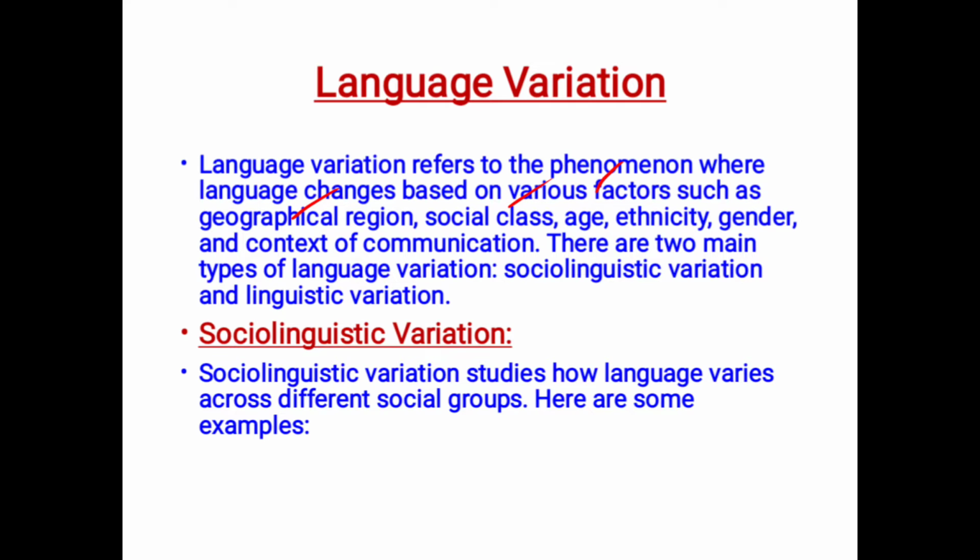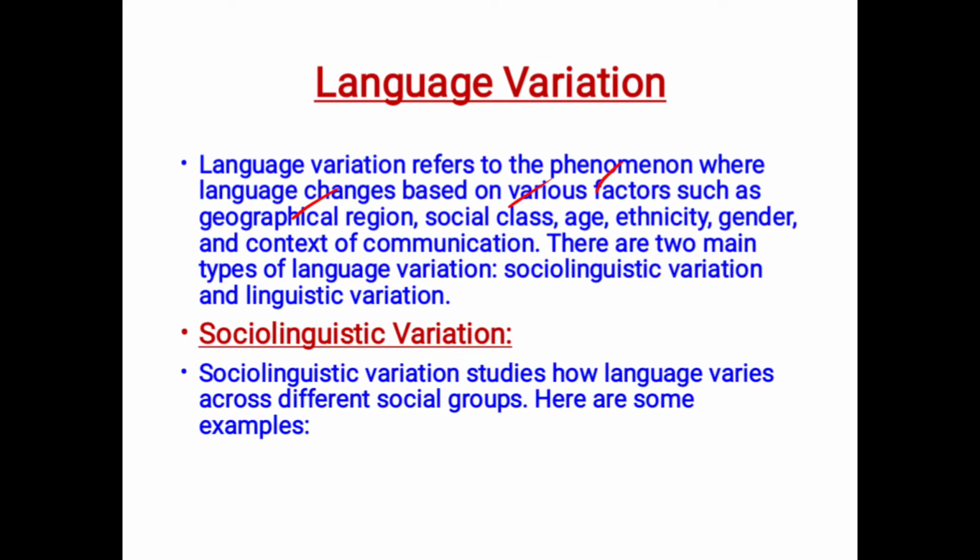Ethnicity, gender, like if you are male, what kind of language you use. If you are female, what kind of language you use. And context of communication, if you are with friends, what kind of language you use. If you talk with a teacher, or if you talk with an educated person, how you communicate with him or her. So these all depend. It means we change our language.